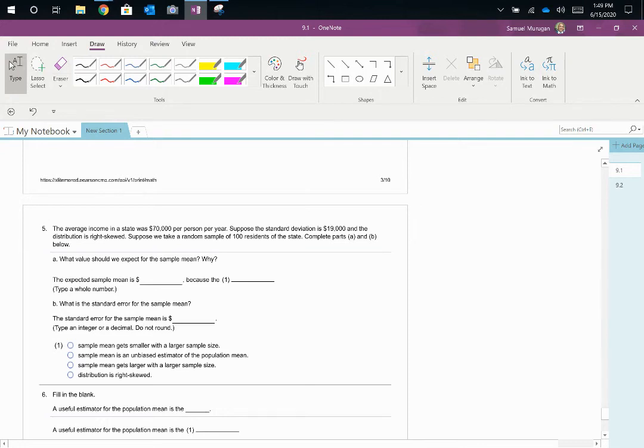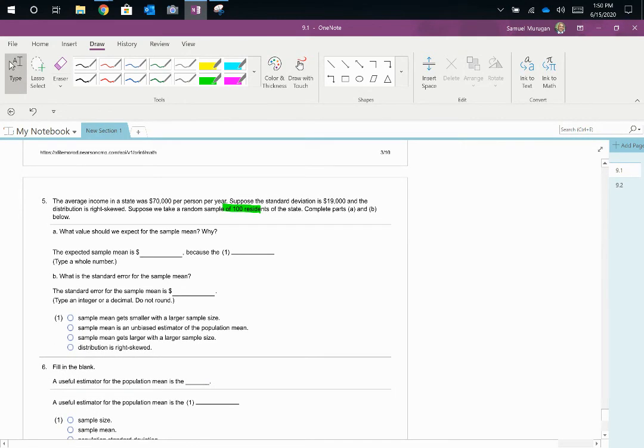The average income in a state was 70,000 per person per year. Suppose the standard deviation is 19,000 and the distribution is right skewed. Suppose we take a sample of 100 residents of the state. What values should you expect for the sample mean?